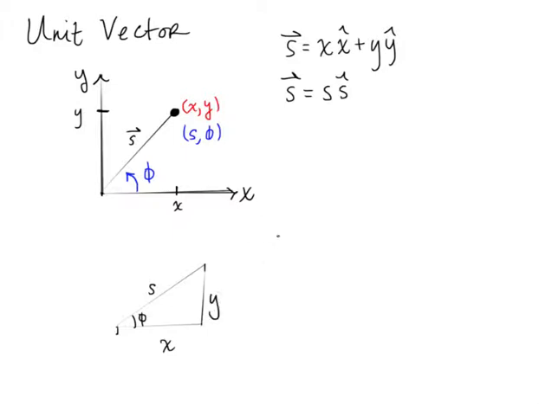I still use this little handy trick, SOHCAHTOA, which helps me remember our trig identities. If we want to write x in terms of sines and cosines, we use SOHCAHTOA.